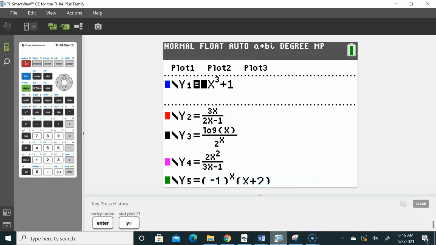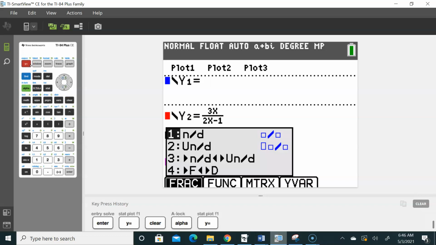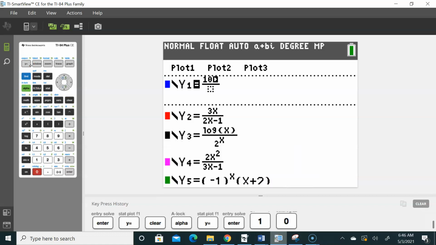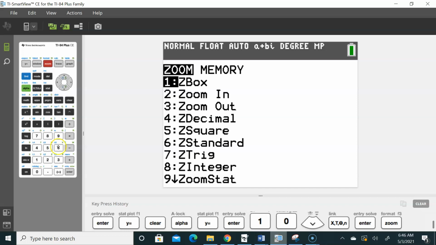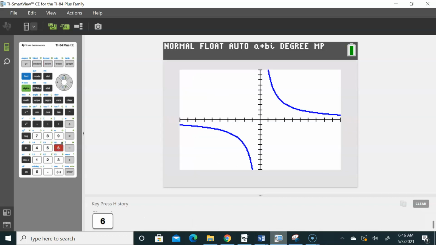Go to y equals, clear that out, and I could use the special key: 10 over x. Now I want to hit that variable key, it says x. And I could just do zoom 6. And we get these split little branches. Basically, it looks like 1 over x. It's just been stretched out because it's 10 over x. And the name of this graph is called a hyperbola.